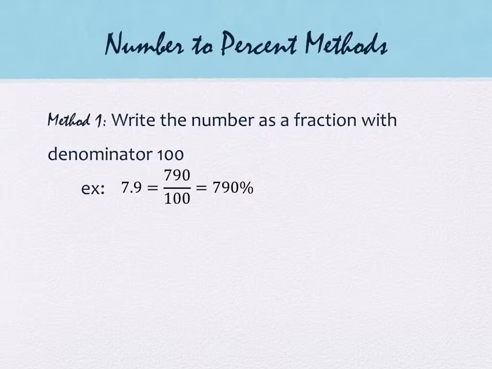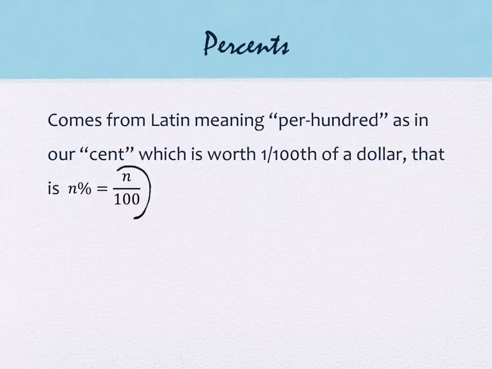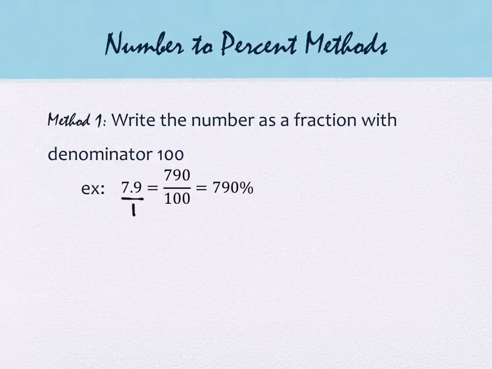So 7.9 over 1, and if I multiplied them both by 100, I'd get 790 over 100. And what that does is it puts it in this view over here: it's n over 100, so that means n%. So 790 over 100 is 790%.